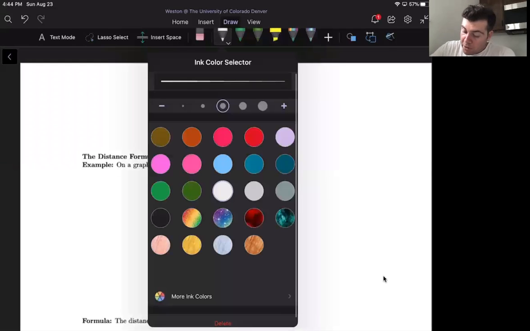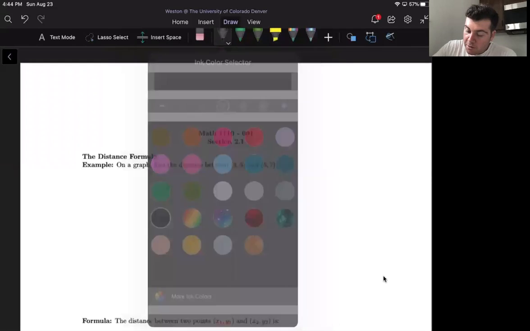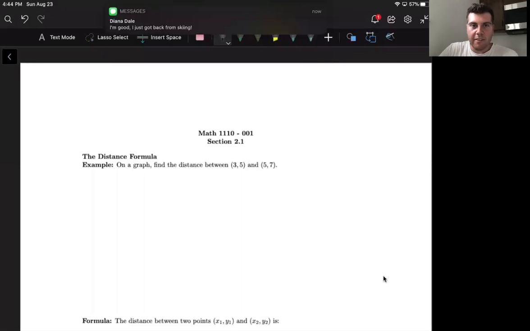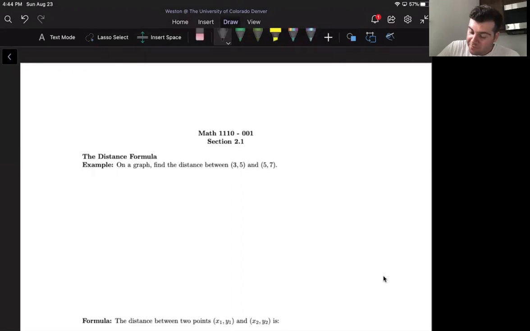So for our first example, we're going to discuss how to find the distance between 2 points, and particularly the 2 points (3, 5) and (5, 7). So first we'll just draw a picture, a little grid.